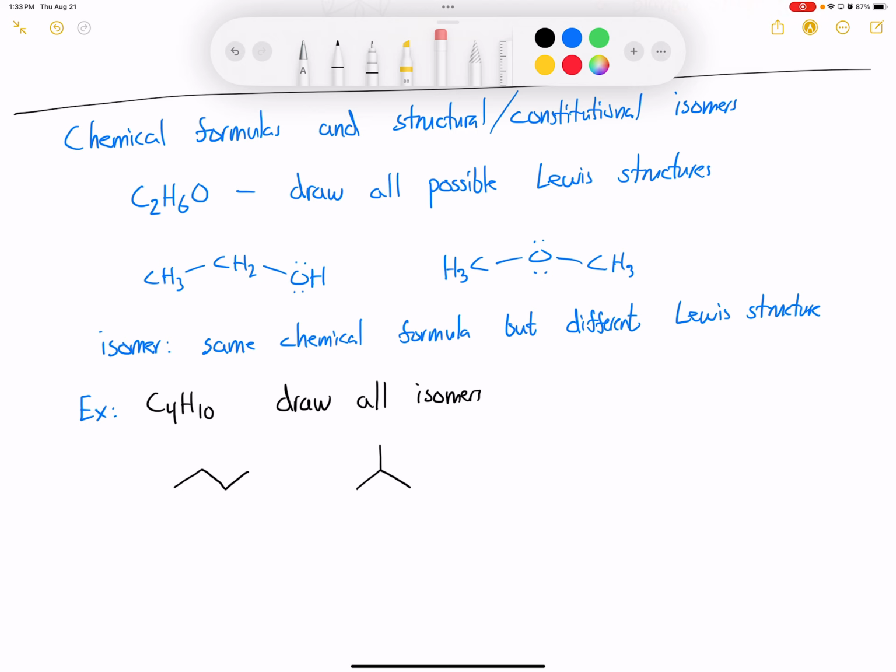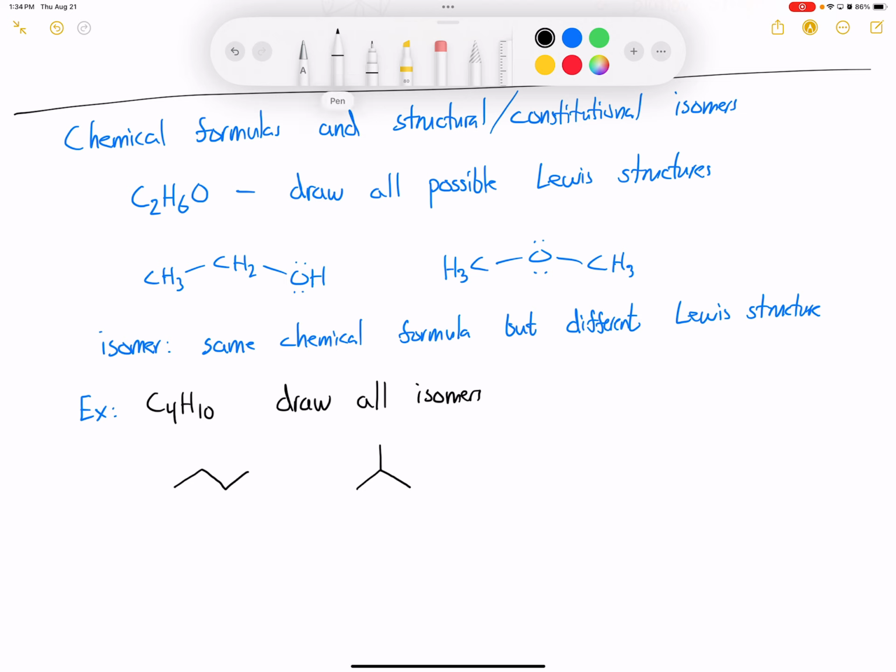These are called structural isomers. And why is it structural? The Lewis structure is different, right? There are other types of isomers that we'll learn, especially stereoisomers. They look the exact same, but in 3D space, they are quite different. So they will have the same connectivity.